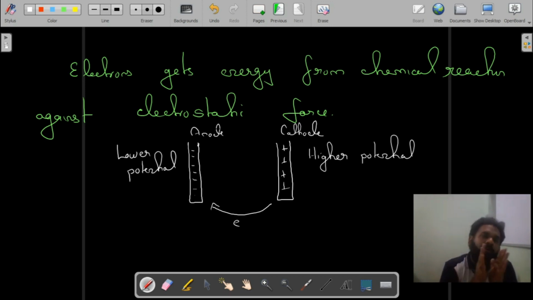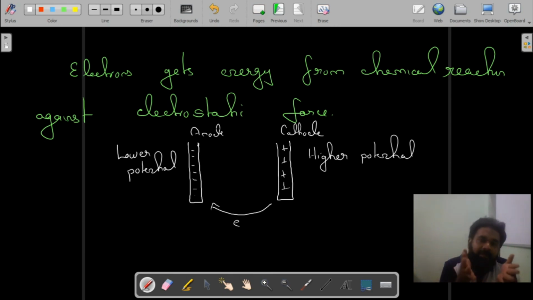Now I am telling about electrons outside the battery. Outside the battery, electrons move from lower potential to higher potential, and current moves from higher potential to lower potential.